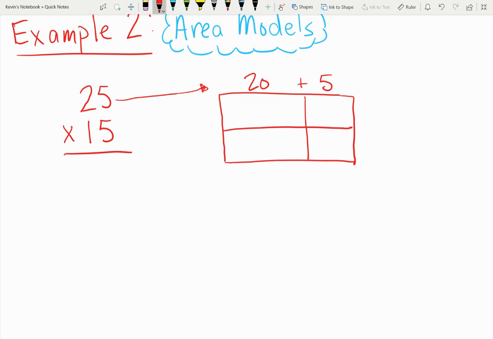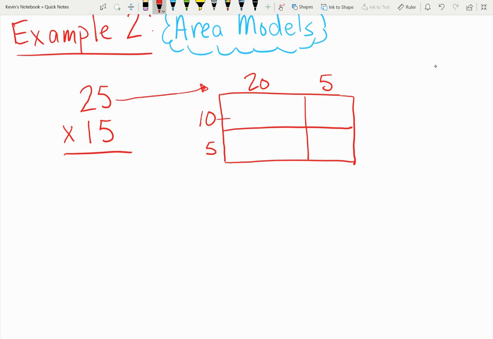Okay. Then I'm going to take my second factor of 15, and I'm going to break that out to my expanded form numbers here, 10 and 5. So expanded form, 10 and 5, and over here I have 20 and 5 at the top. So the idea when you do area models is you're going to multiply grids.